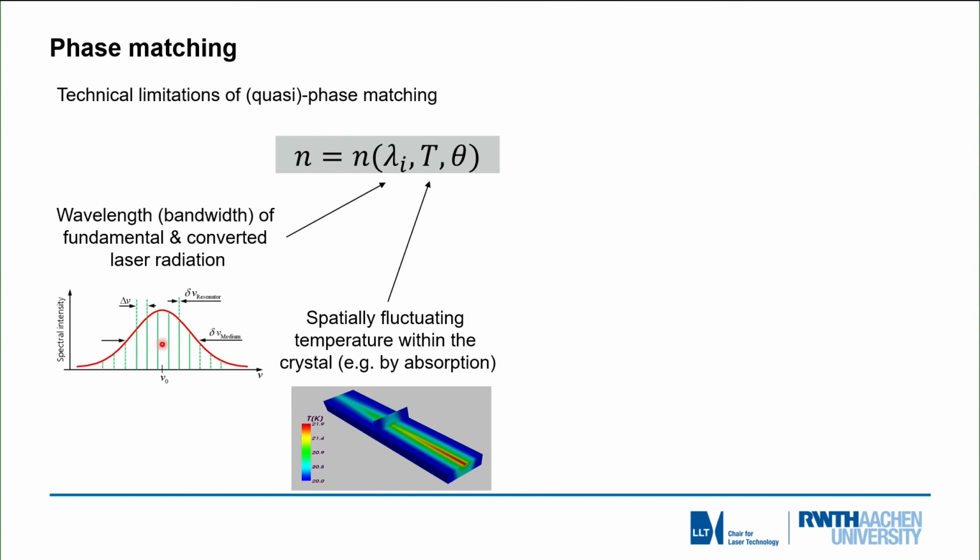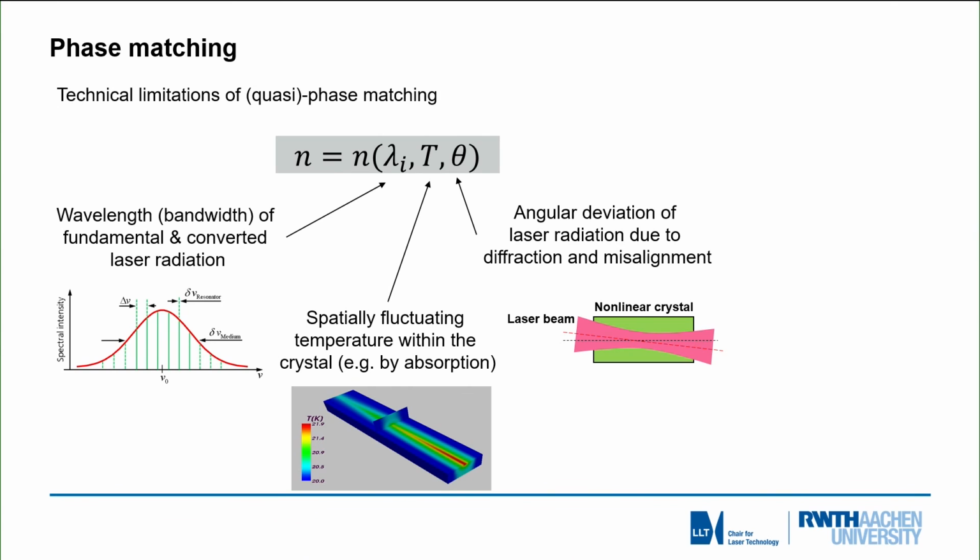Of course, we discussed the wavelengths dependency. And we have angular deviations through misalignments. So again, also this angular matching condition in reality needs to be addressed professionally. And so usually we have to live with the fact that phase matching is not possible to the full.